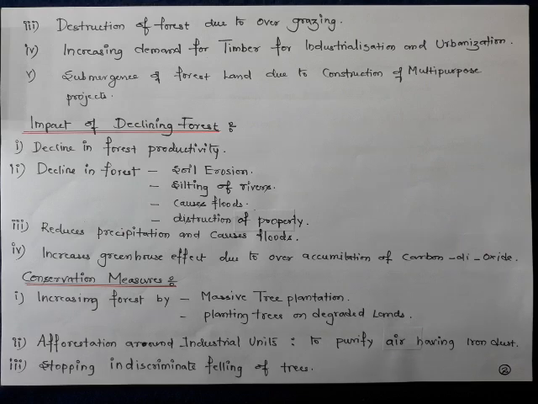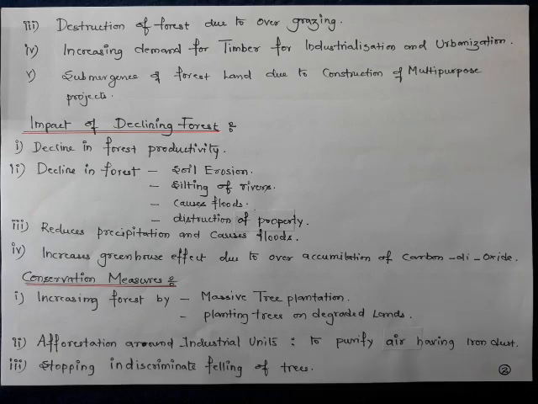There is also an increasing demand for timber for industrialization and urbanization, and submergence of forest due to construction of multi-purpose projects. Forests along the river valleys are disappearing because of the construction of multi-purpose projects. So these are all various causes which have led to the decline of natural vegetation or the forest belt.